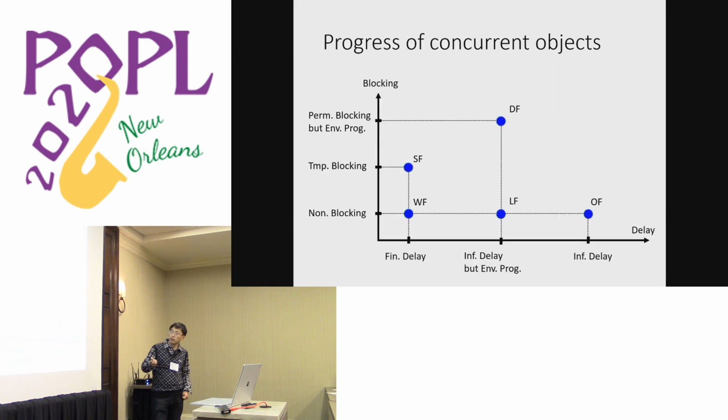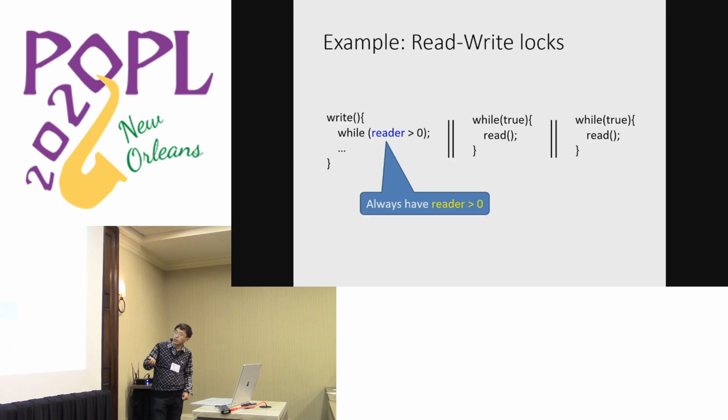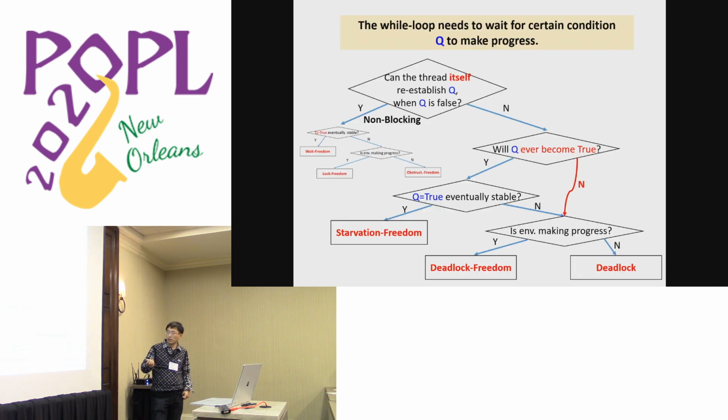If we recall this example here, this writer is permanently blocked, but the environment always has readers that terminate. So it's still lock-free in this case. But if the environment is not making progress, this is also deadlock.